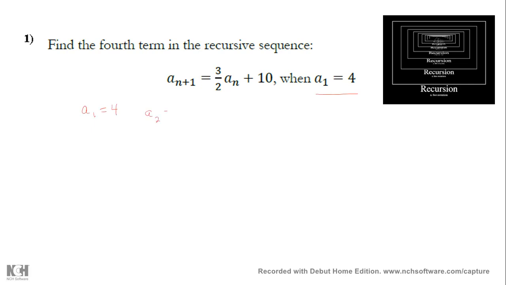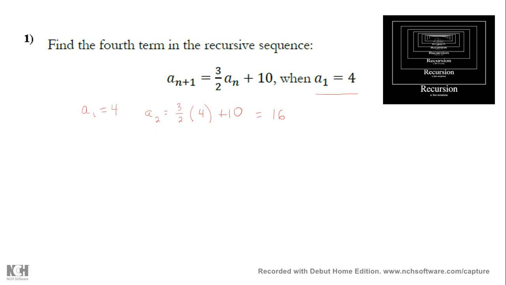So a sub 2 is equal to 3 over 2 times a sub 1, which is 4, plus 10. Okay, and 3 halves of 4 is 6, and then 6 plus 10 is 16.